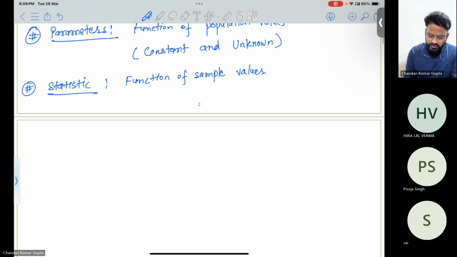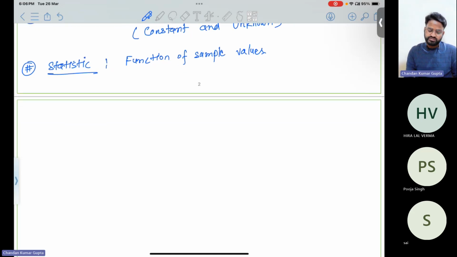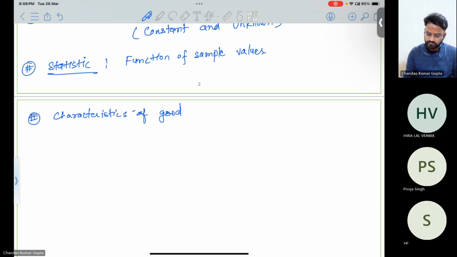There is more than one statistic: the sample mean is there, and the sample median is also there, to estimate the population mean or population median. So there are different kinds of statistics, and there are some characteristics of a good statistic. There are mainly four characteristics.